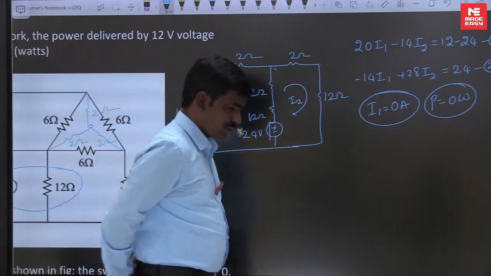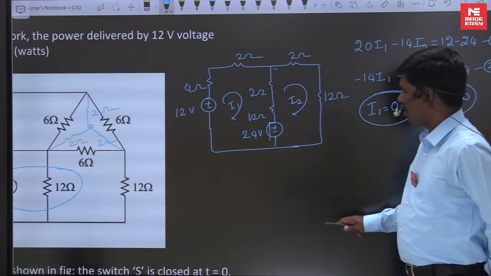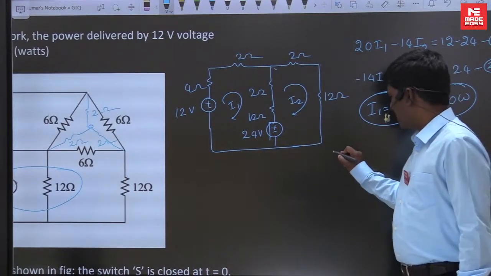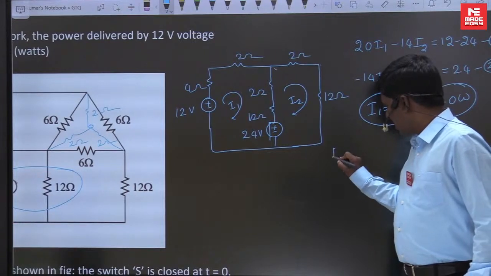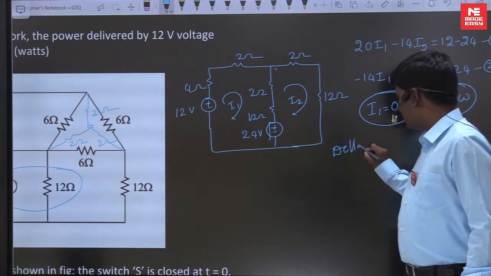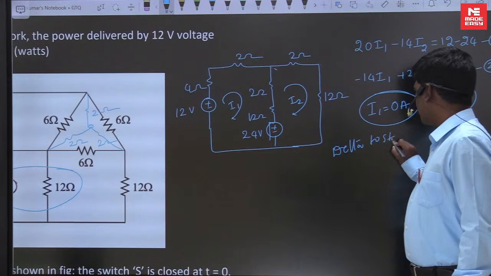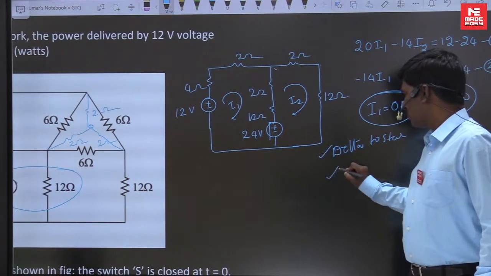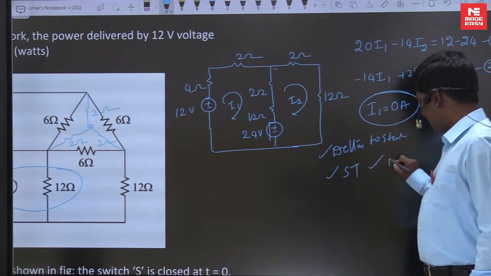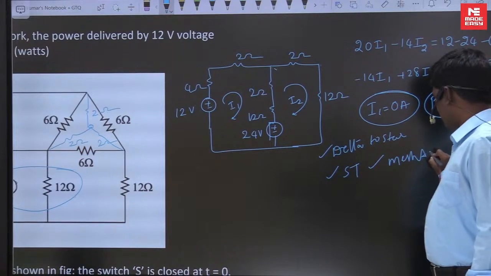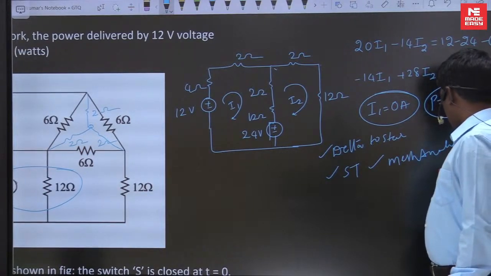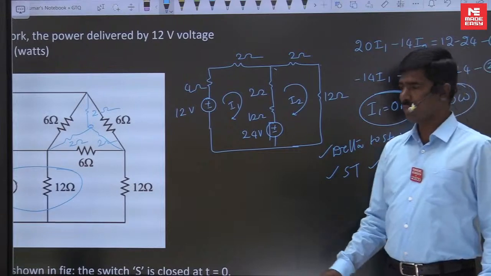Okay, so let's move to the next question. Here we are using delta to star, source transformation, next is mesh analysis. These three concepts are used in this case.